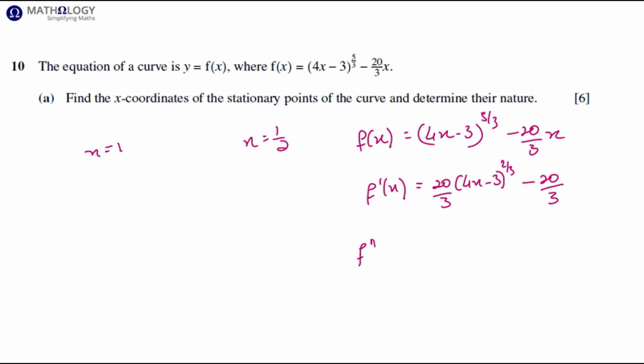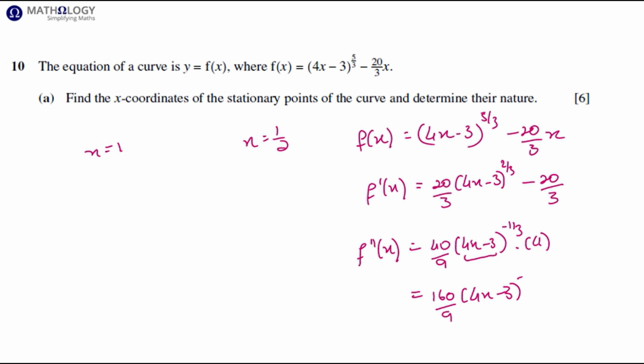The second derivative will be 20 thirds times 2 thirds, so it'll be 40 over 9 times 4x minus 3. We're subtracting 1 off 2 thirds, so we'll have minus a third. We multiply by the derivative of 4x minus 3, so we multiply by 4 using the chain rule, and that's a constant term, so the derivative is 0. So this will equal 40 times 4, which is 160 over 9, times 4x minus 3 to the minus a third. That is the second derivative. We now need to determine the nature of these turning points.